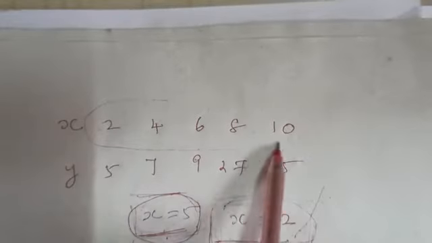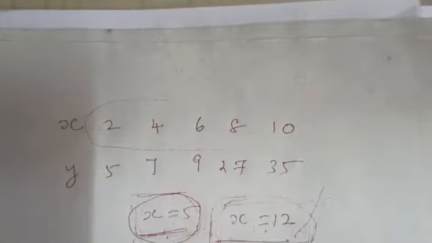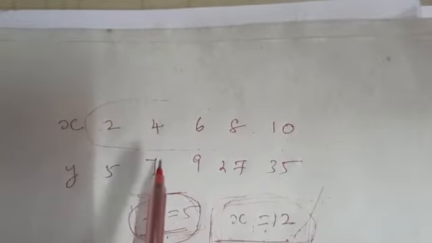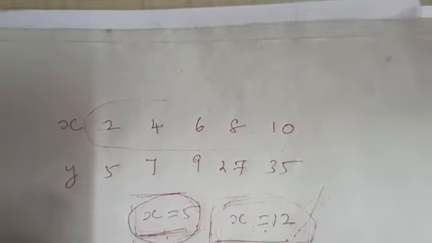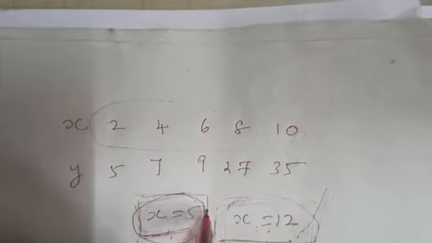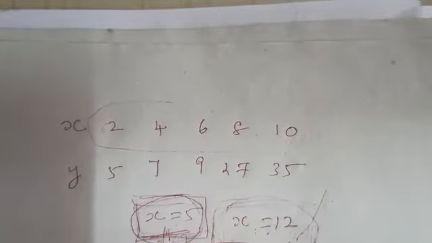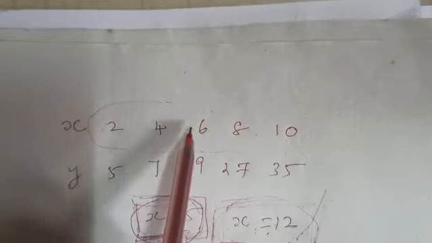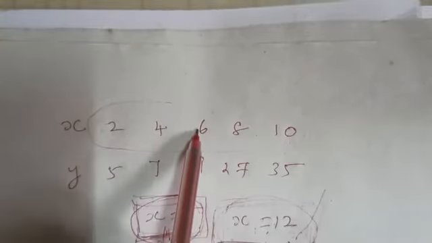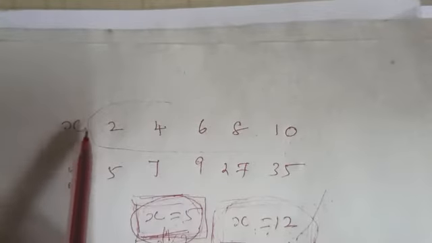This is for given values: x values 2, 4, 6, 8, 10 and y values 5, 7, 9, 27, 35. First we have to find, for x equal to 5, the corresponding y value. Here the x value is available between 4 and 6, very near the beginning of the table.